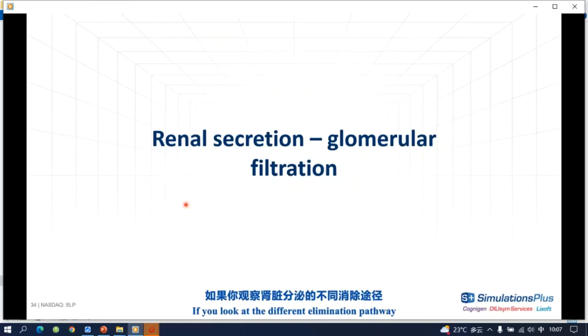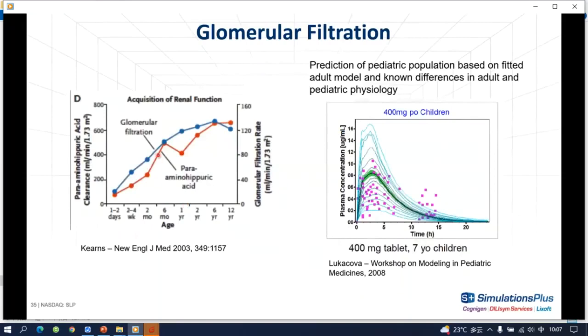If you look at the different elimination pathways, renal secretion, and specifically passive renal secretion, where the secretion is limited by or dependent on glomerular filtration. So this is validating our functions for glomerular filtration rate and how that is changing with age, so the ontogeny for the GFR.